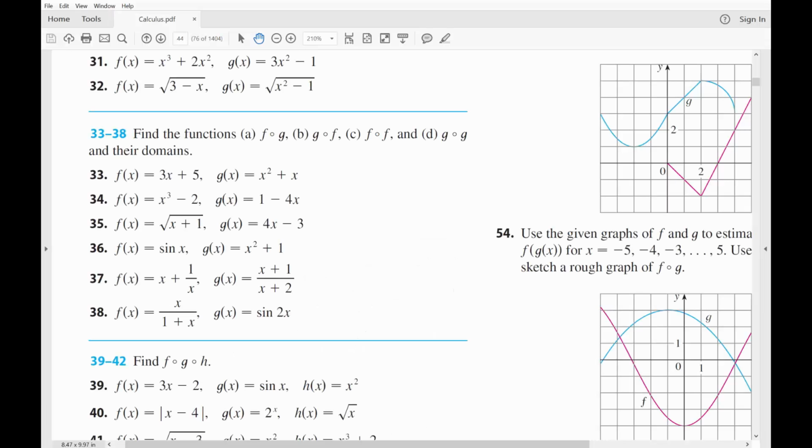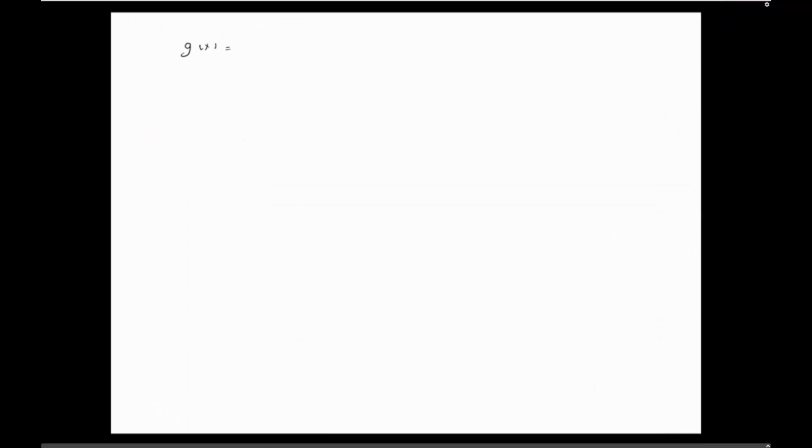And let's solve another one from the requirement, and we're gonna go for g of g. So let's write our g of x first. g of x equals x plus 1 over x plus 2, and we want to get g of g of x.